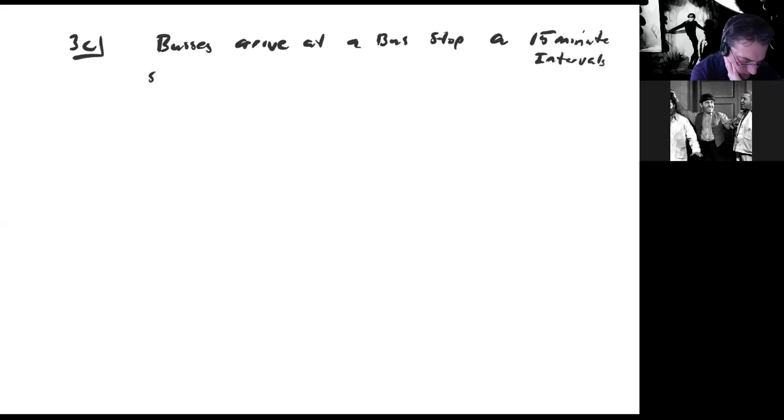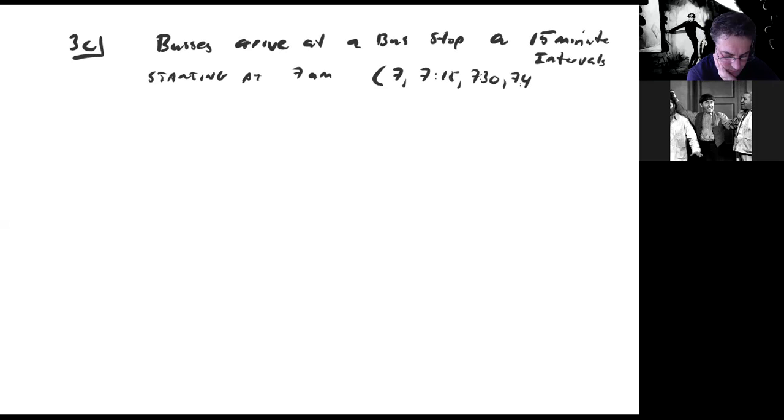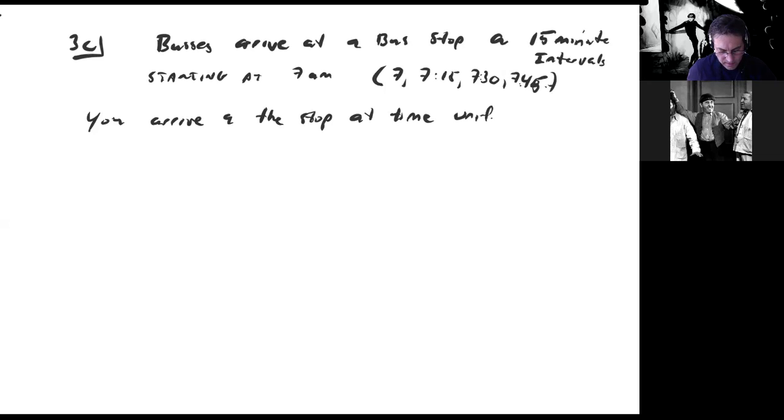So say starting at 7 a.m. So in other words, 7, 7:15, 7:30, 7:45, etc. Okay, so now you arrive at the bus stop at a time uniformly distributed, which means we're going to be using the uniform random variable, sometime between 7 and 7:30.